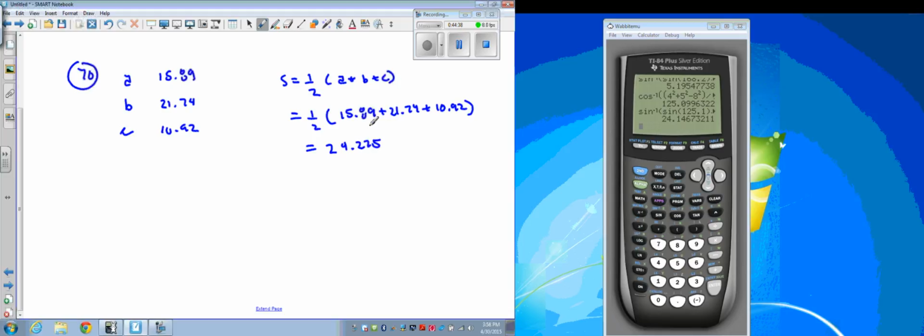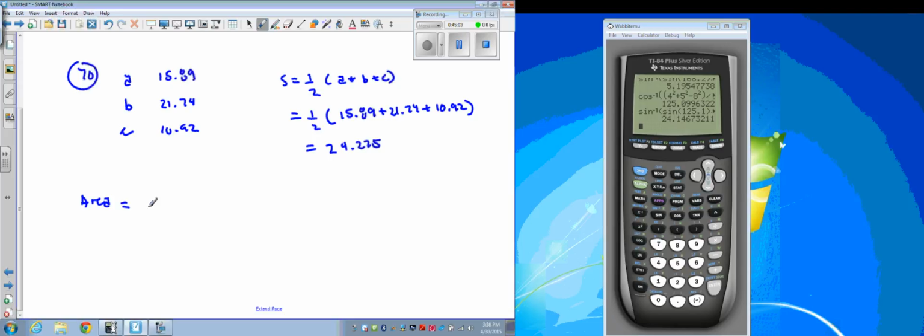Okay. Now then, for that area, what is that formula? S times S minus A times S minus B times S minus C, and it's the square root of it.